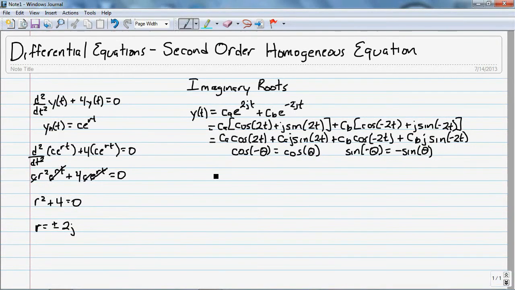So now we can make our changes. We're going to have a minus because we're using this identity for the sine.